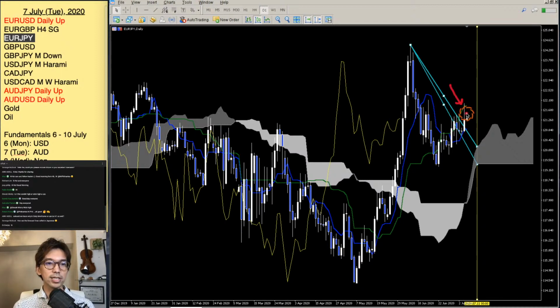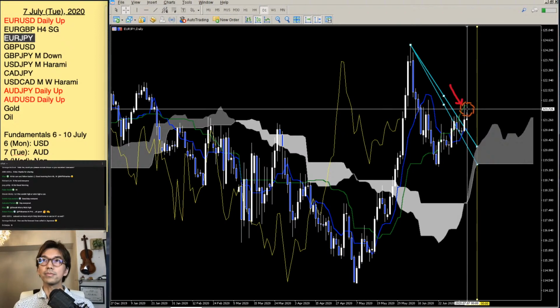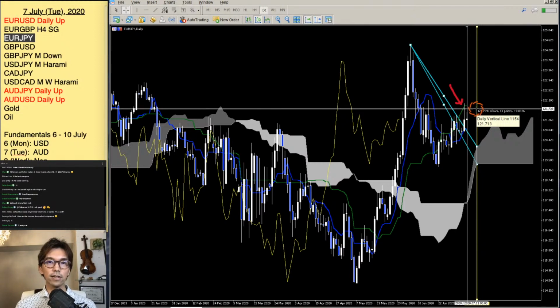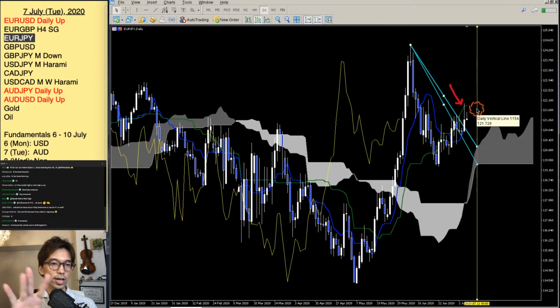We have to wait for a couple of candles until the time reaches this vertical line. There will be another 4 candles in the future, so within the next 4 trading days the market will reach this day.